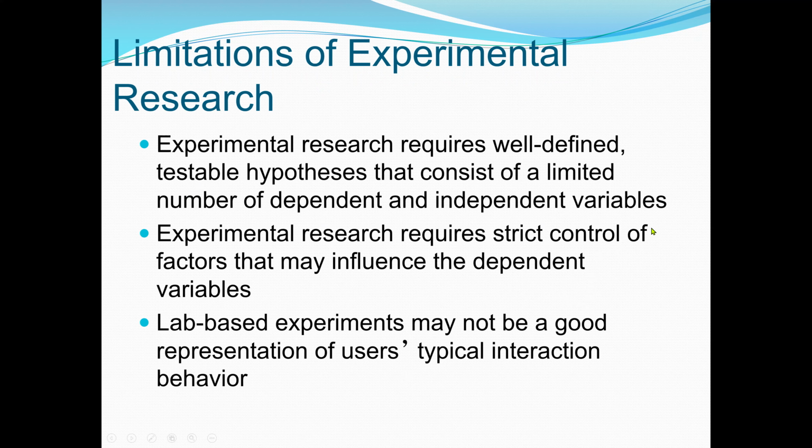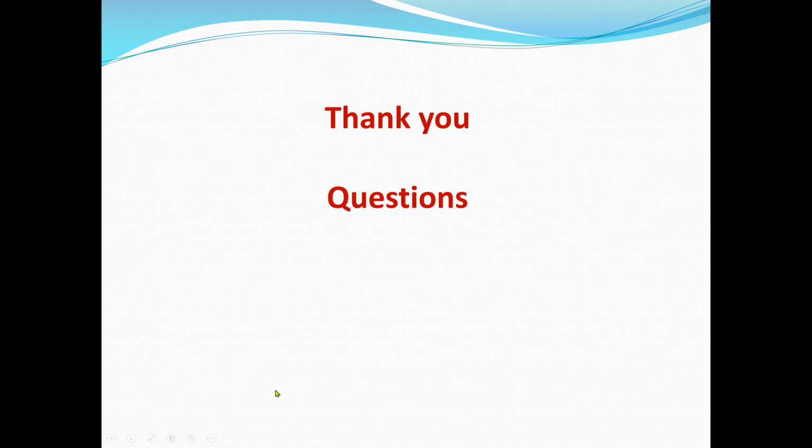Also, strict control of factors that may influence the dependent variable. Now, if it's a lab-based experiment, it may not be a good representation of users, typically their interaction behavior. Because in an experiment in the lab, we put X, we see what will be the Y. There's not much interaction. And that will be the conclusion.